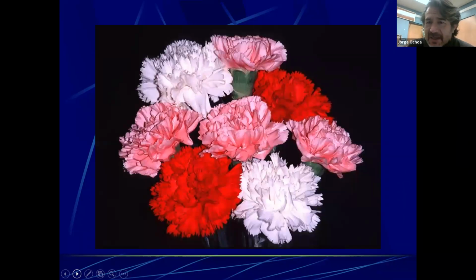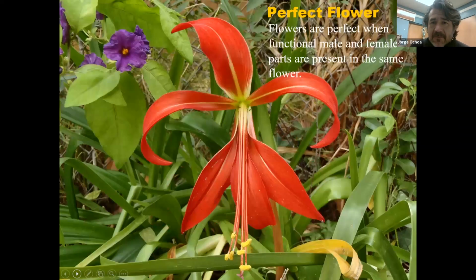And then we have some pinks or carnations that exhibit something similar, where there's an absence of a dominant trait for color. So in order for us to cross plants, we need to have both male and female components. And so very, very often, you're going to have plants that are going to be considered perfect flowers.